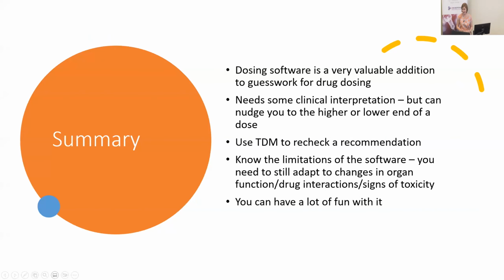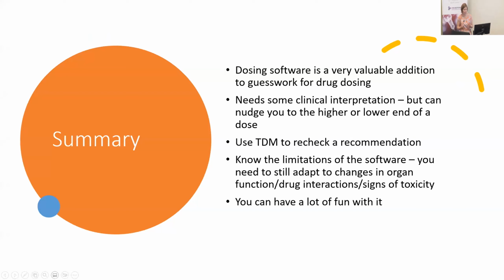Okay, so that's going through quite quickly, but in summary, dosing software is a very, very valuable addition to what I otherwise do, which is guesswork for drug dosing. It does need clinical interpretation, but the use of dosing software can nudge you to the higher or lower end of the dose. I do think you can sometimes get recommended quite outrageous doses.